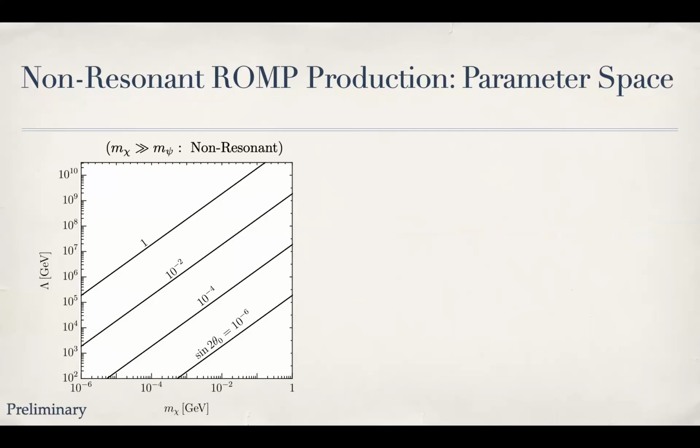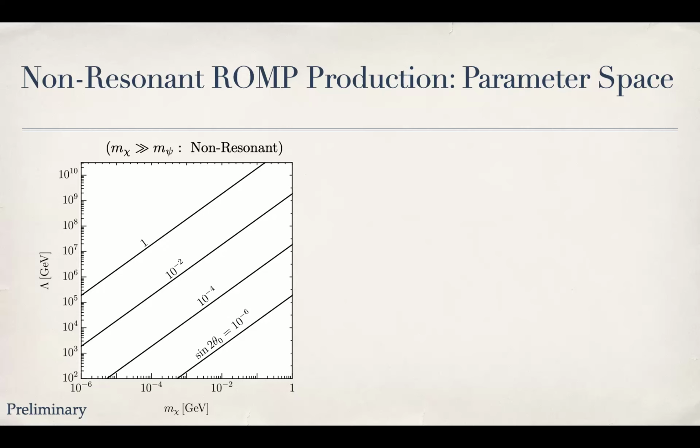So this x-axis shows your chi dark matter mass. Again, this is a case where your chi is much heavier than psi, the non-resonant case. My y-axis shows lambda, the cutoff scale of my theory, or if you want to think about it, typically the mass of your heavy vector that's doing this mediation of psi.